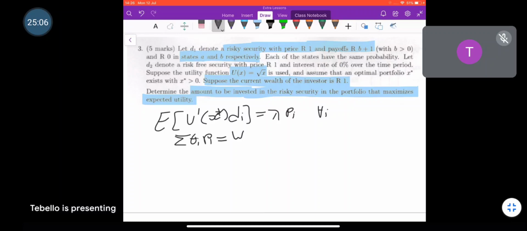They said find the amount. So they are basically asking you for the thetas, right? This is what they are asking you.